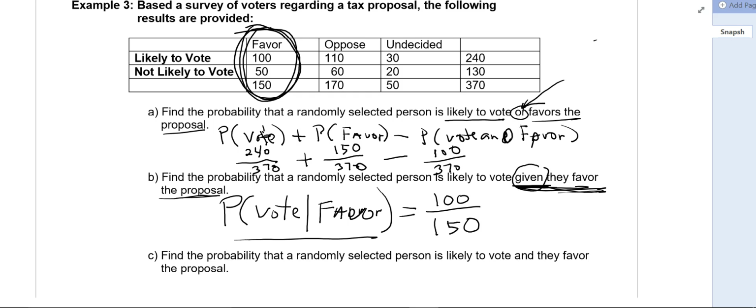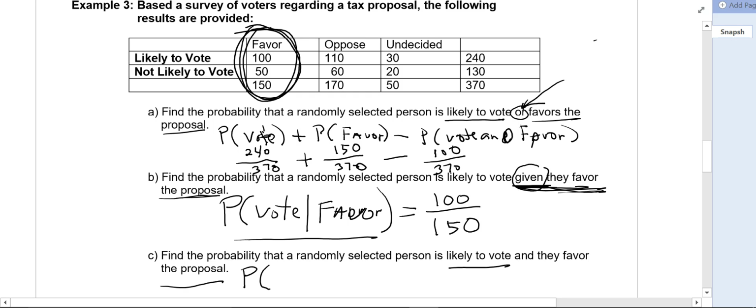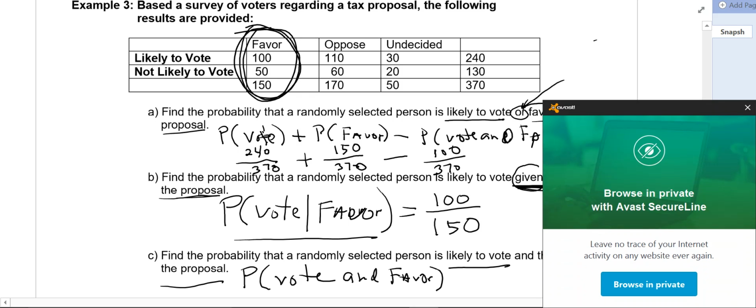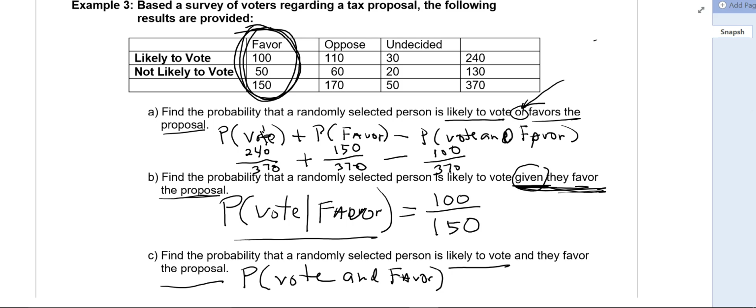Find the probability a randomly selected person is likely to vote and they favor the proposal. So we want the probability they vote and favor. In this problem here, we are no longer worried about pop-up messages, right?